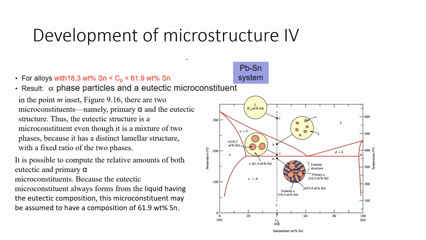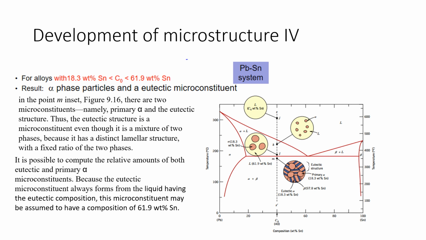Here we will discuss the development of microstructure for the fourth case of the lead-tin system. The alloy is cooled down from a temperature of 300 degrees centigrade, and the point of interest is 40% by weight of tin.